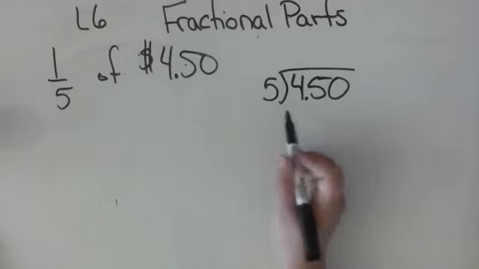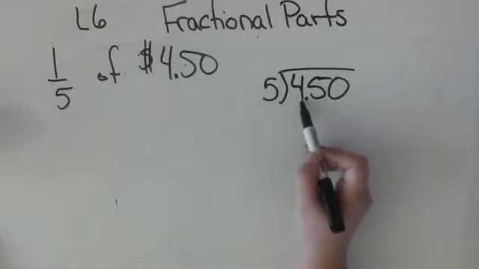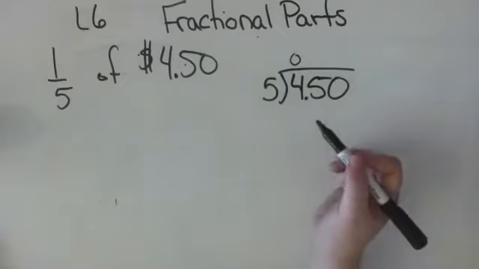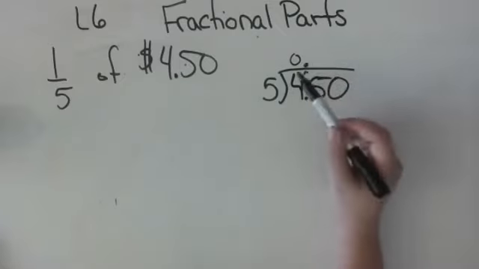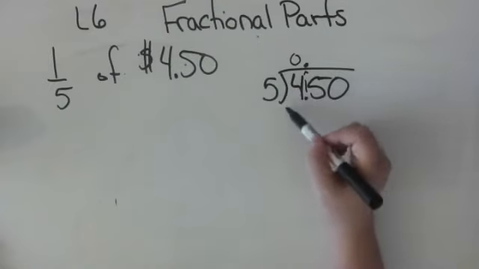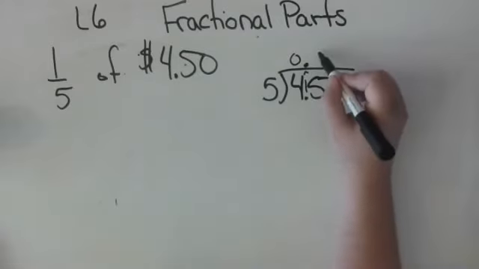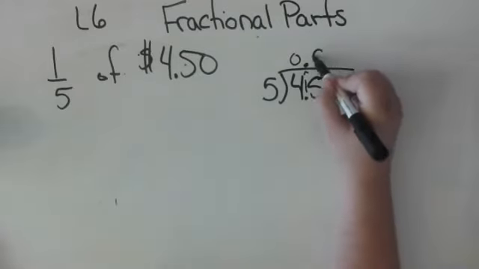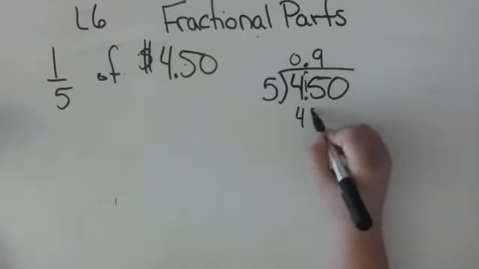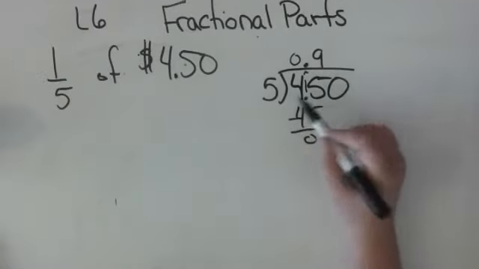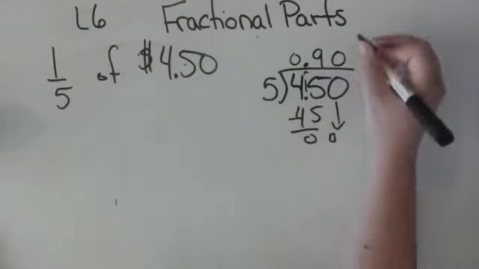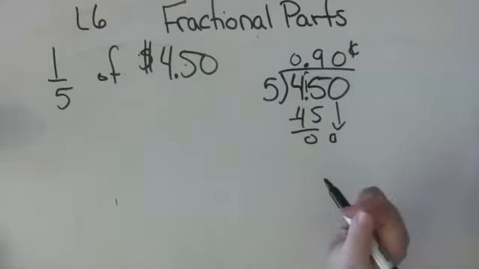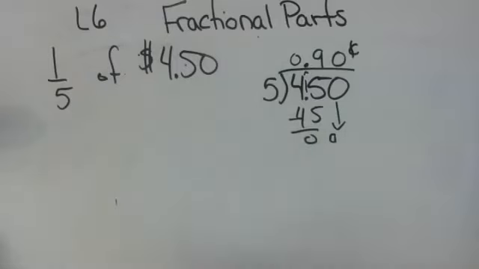So 5 goes into 4 0 times. And this is where I bring my decimal up, which is 0. 5 goes into 45 9 times, which is 45. Subtract equals 0. 5 goes into 0 0 times. I now get 90 cents going into each of my 5 pieces.